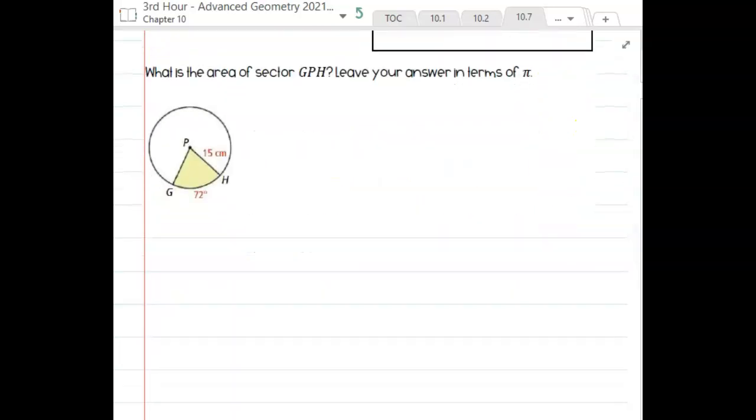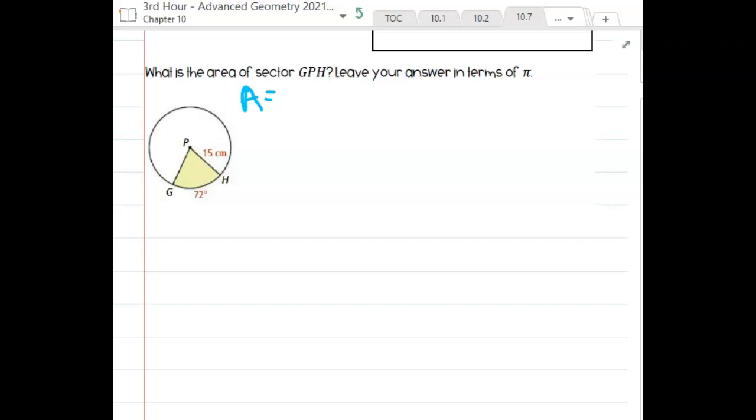So jumping down to this example, if I wanted to find the area of sector GPH, we're going to leave our answer in terms of pi, just like we did yesterday. I like doing this in two steps, like we did yesterday. I want to find the area of that sector, so we're going to start by finding the area of the entire circle. Like I said in the beginning, to find an area, you have to have the radius.